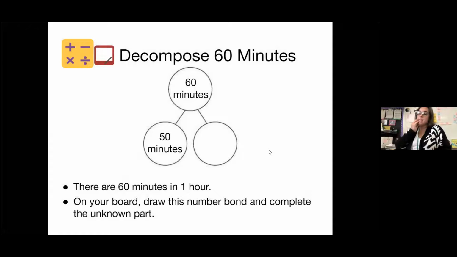All right, here is a number bond. I want you to draw that on your whiteboard. We're decomposing 60 minutes, which is an hour, into 50 minutes, and what else?